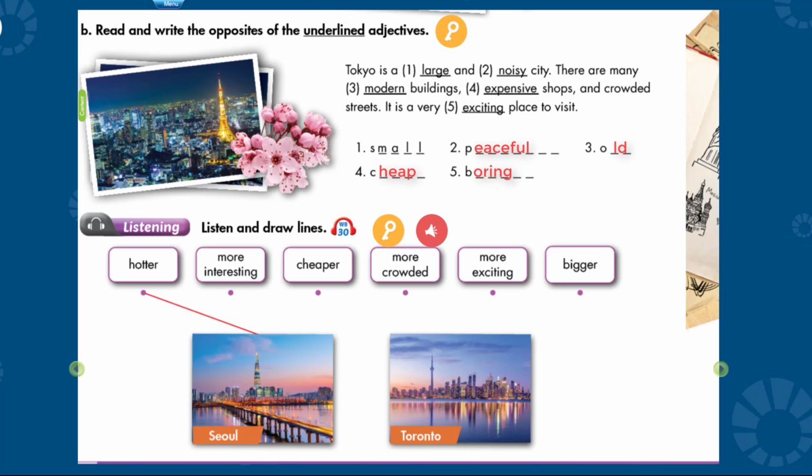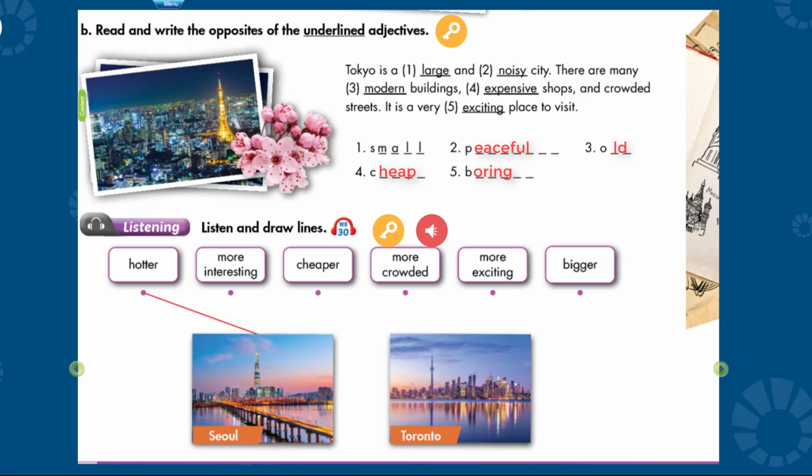Cities around the world. Lesson 2. Track 30. Page 58. Listening. Listen and draw lines. Where should we go on holiday? I think either Seoul or Toronto. Okay. Which city is hotter? Seoul is hotter. Okay. Which city is more expensive? Well, Seoul has cheaper food, so Toronto is more expensive.